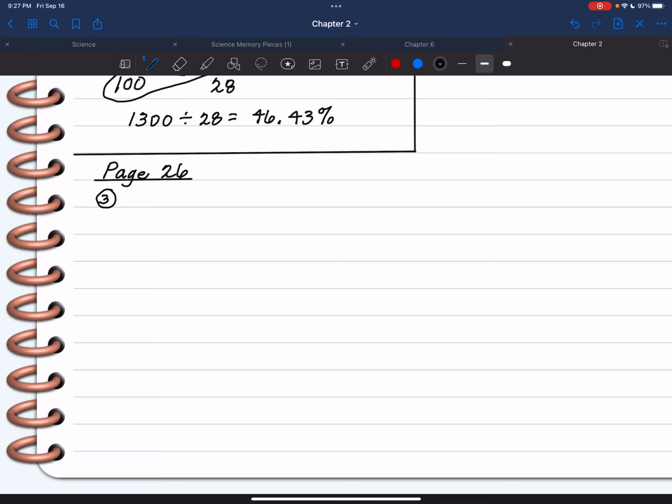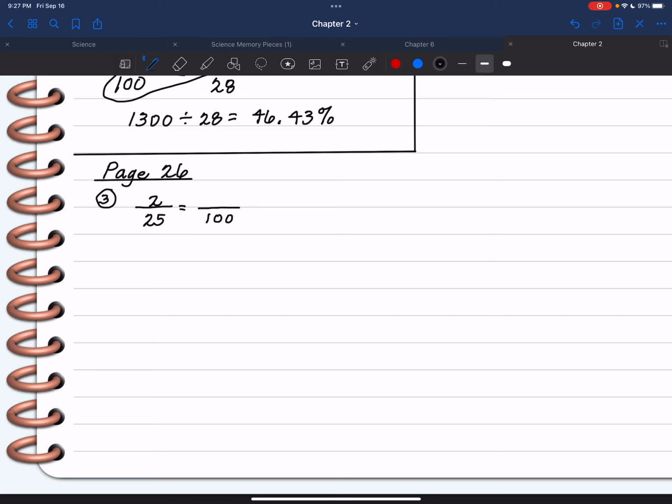Well, if you count the squares that are orange, there are 2 of them. And if you count the total number of squares in that box, it is 5 rows of 5. So 5 times 5 is 25. But they want to know what that would be in terms of 100.